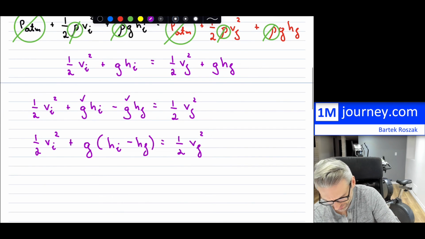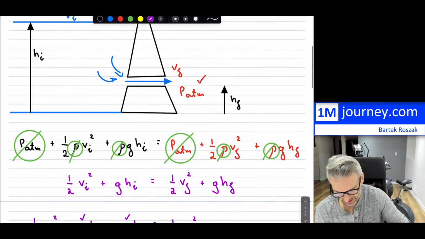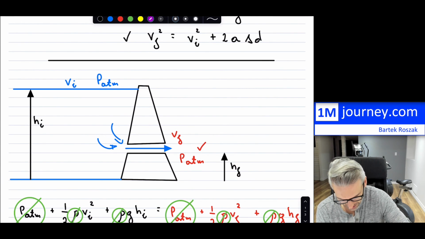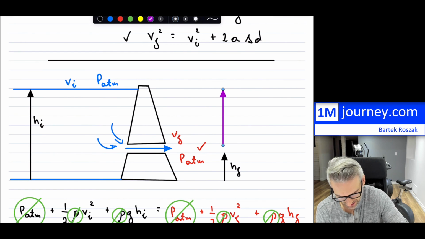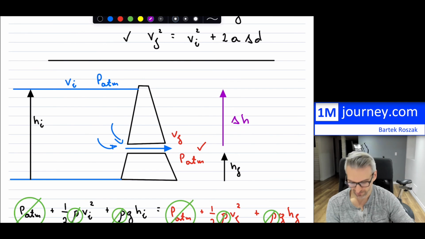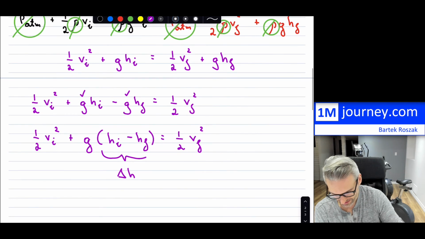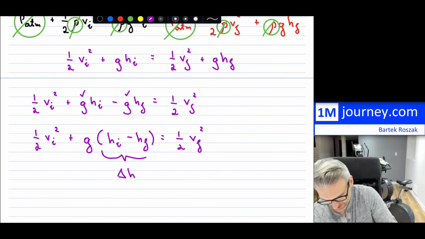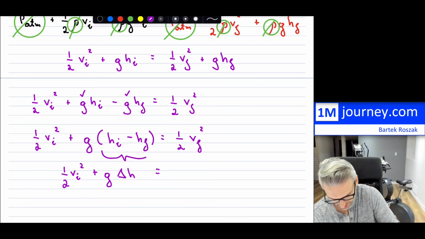But hold on a minute, this is just the difference in height. Because it's h_i minus h_f, this is your difference in height. That simplifies my equation so that I have 1/2 v_i squared plus all of this.